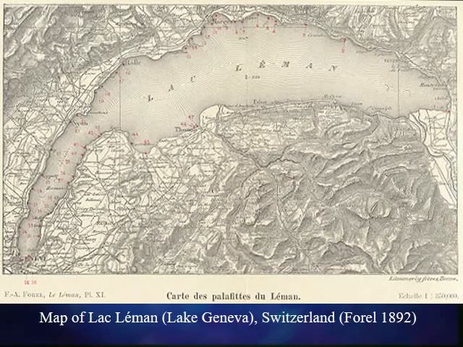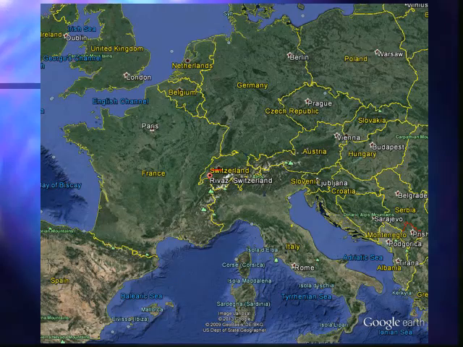Here's Lake Léman. Now, I don't know where the border is, but between Switzerland and France, I think it's somewhere maybe over about here. So you can see the lake, and this is an early map of the lake. And it's right here. It's where this lake is located. Now Switzerland's kind of an interesting country.